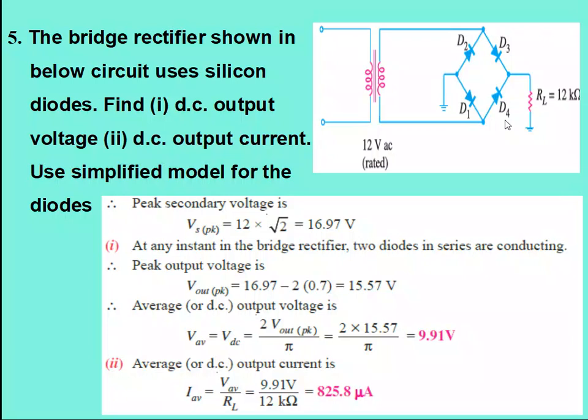So that's why you have to understand that when the D4 is active, then the D2 is active. So that's why 2 into 0.7 you have to subtract it. So average output voltage V average is equal to 2V into, I think this is easy. So you can also find out this part.